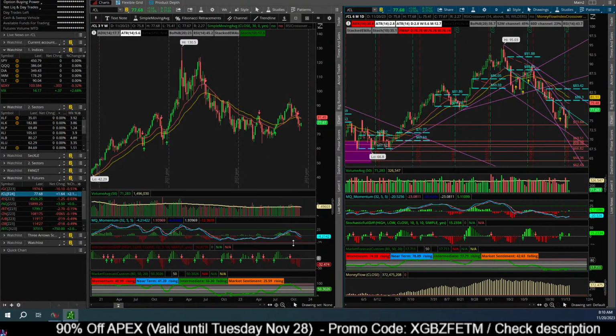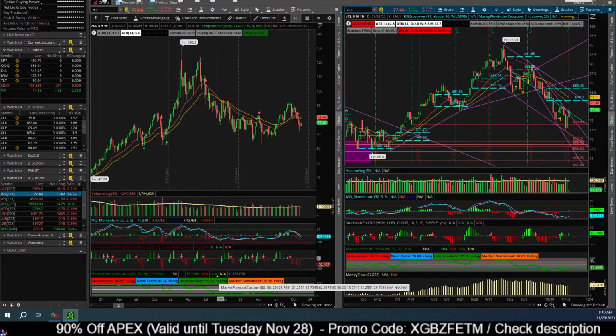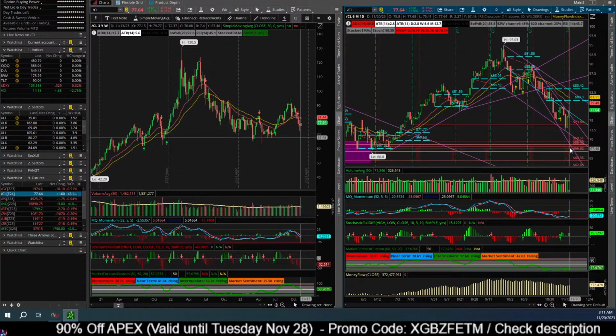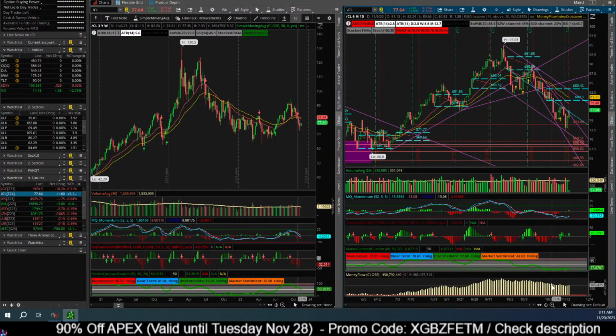As far as the weekly, we are with the MACD negative, with the stochastic negative, and with the intermediate forecast line also negative, but we are positive in the dailies, moving to the upside. And there's a little bit of inflection here in the money flow.